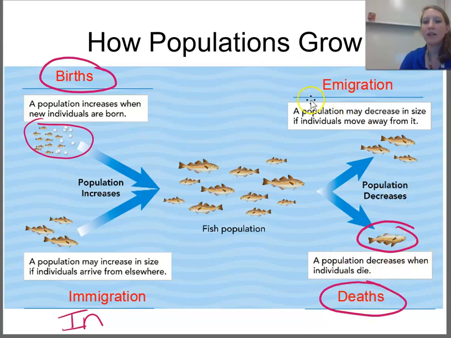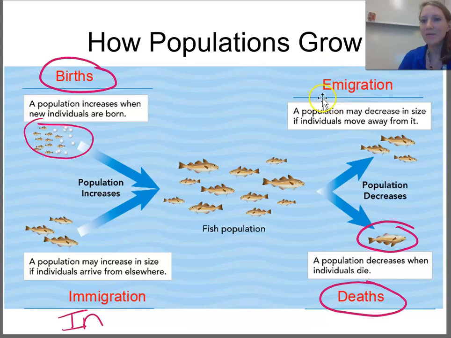Another thing is called emigration. It sounds very similar to immigration. Immigration and emigration. I don't know why they made it so difficult for us, but I pronounce them both almost exactly the same. I try to make them sound different, but it is difficult for me, as it is for you, I'm sure. This is the opposite of immigration. Immigration means going in.